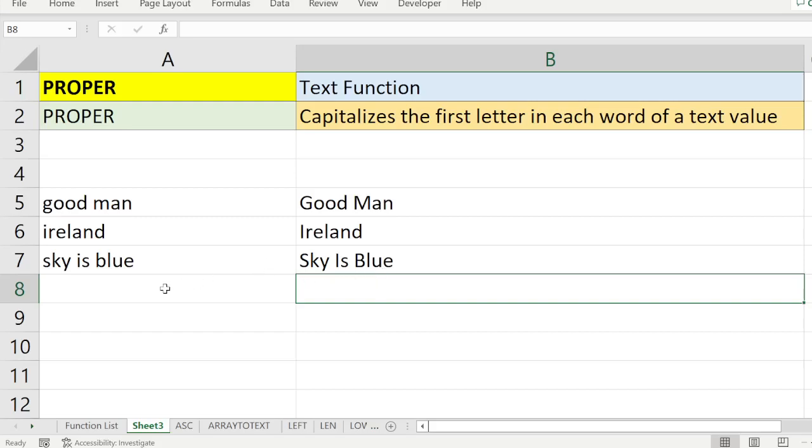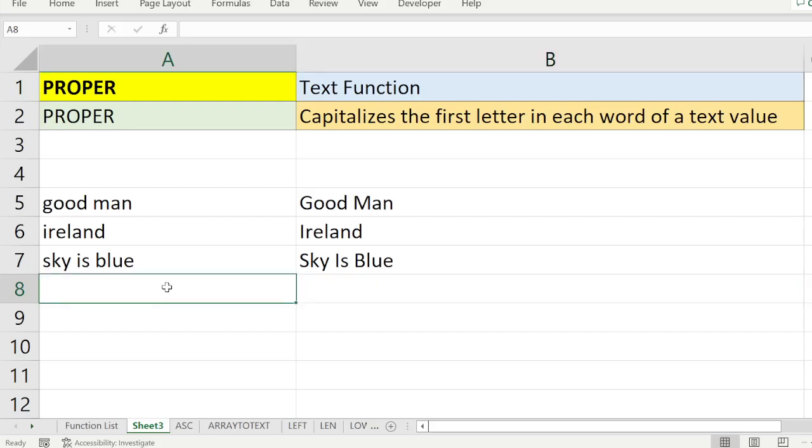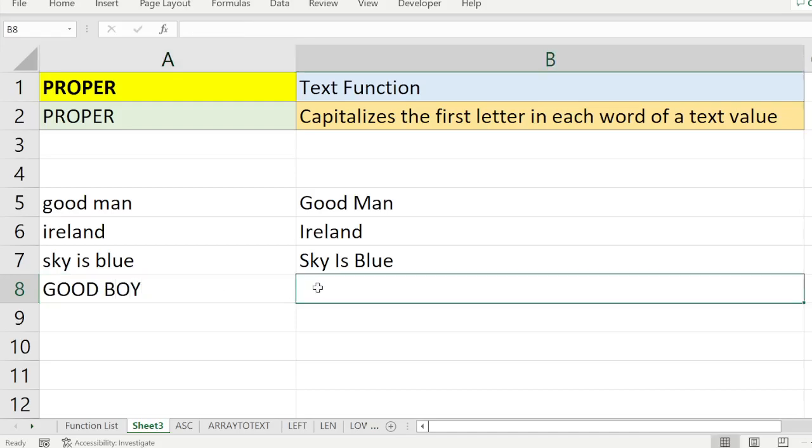Okay, what happens if I have capital letters? G-O-O-D, good, boy. Okay, what is happening?